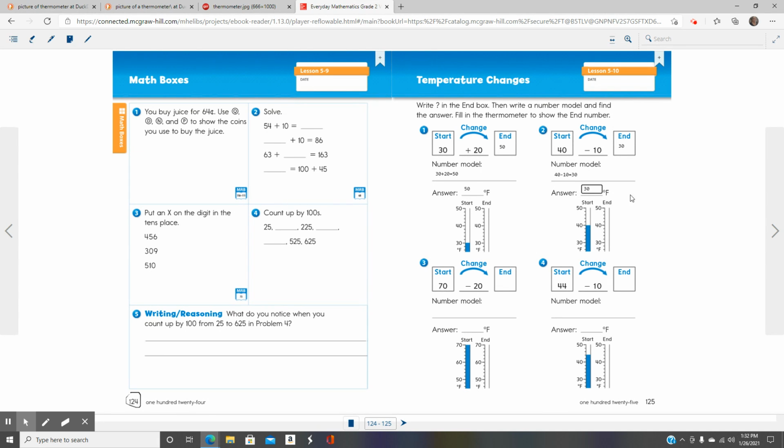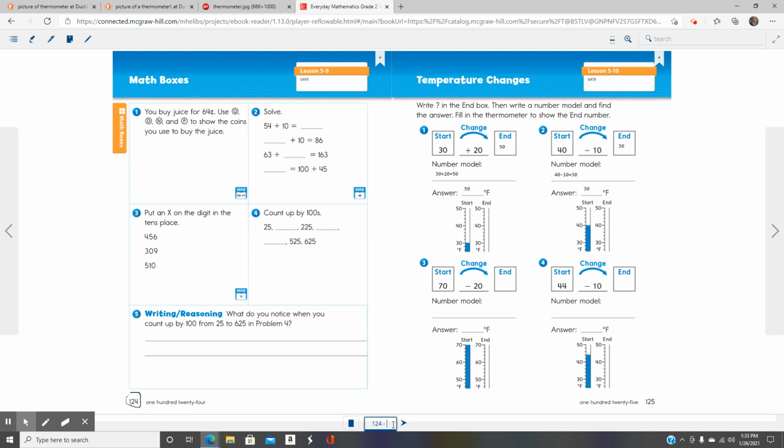All right. So since the ending number is 30, you need to color in this end thermometer so that it reaches 30. So you only color up to the 30. Okay? Your job is to do these next two problems on your own.